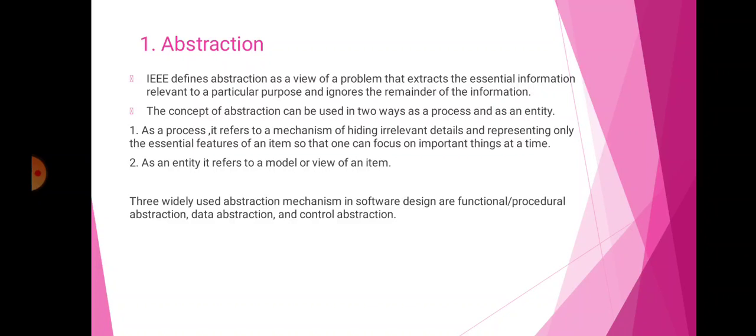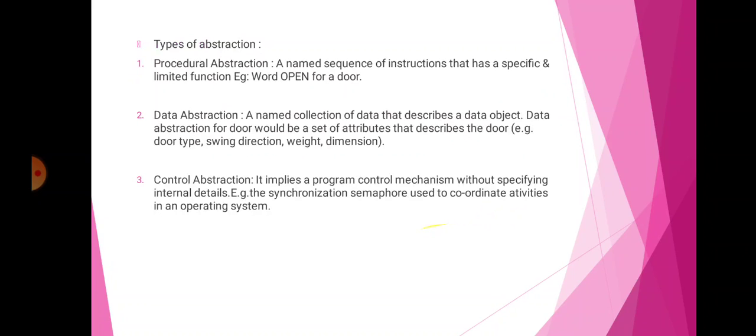Three widely used abstraction mechanisms in software design are, first, functional or procedural abstraction, then data abstraction, and third, control abstraction. Here, these are the types of abstraction. First one is procedural abstraction.